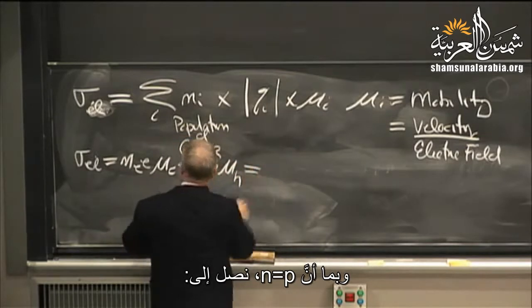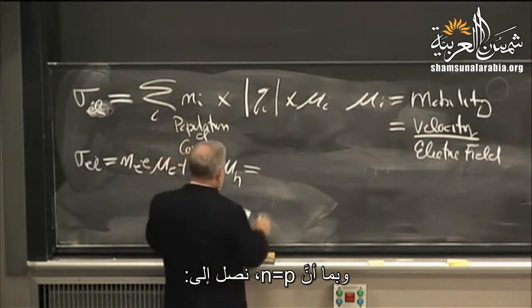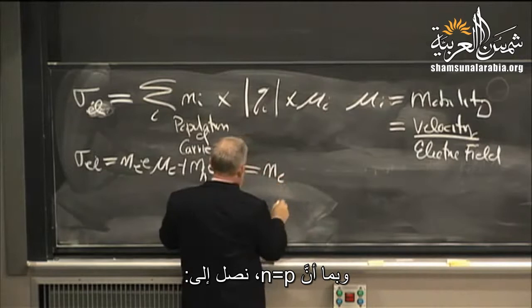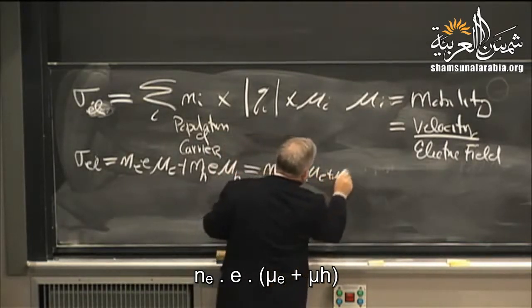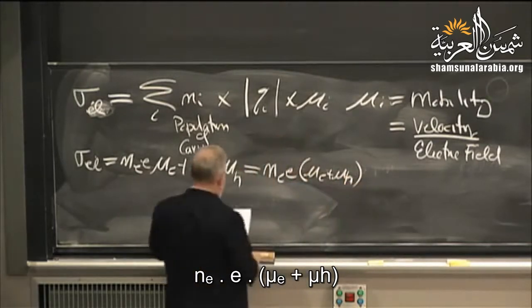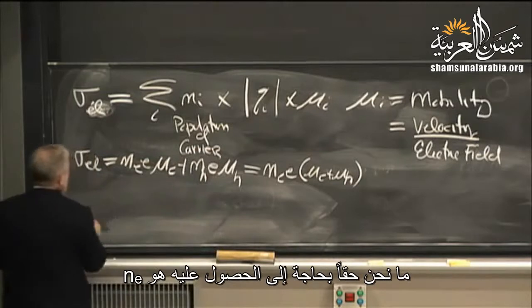But since n is equal to p, we end up with n_e times the electronic charge times (mu_e plus mu_h). All right?